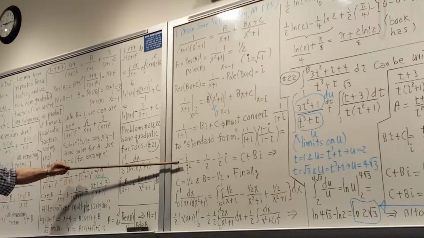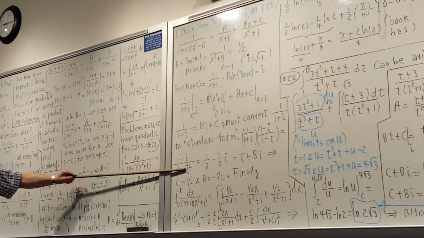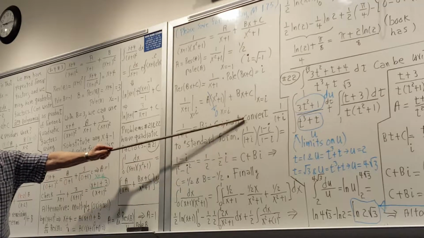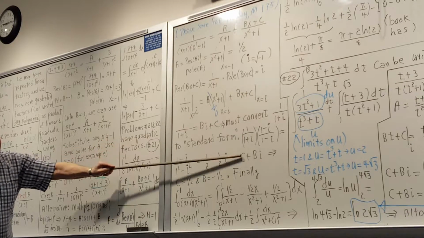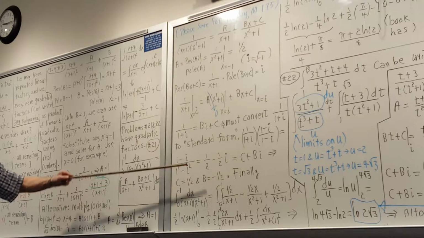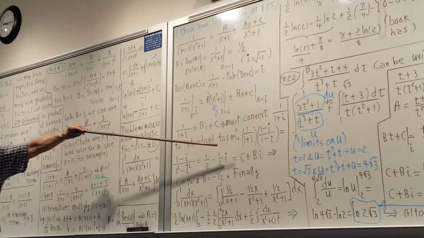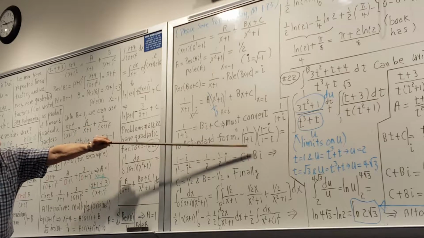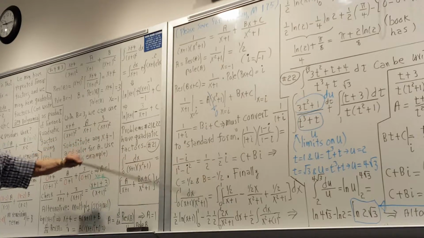So finally, denominator 2, you have a half minus a half i equals the real number C plus the real number B times i. So then you match the real coefficients, so C is a half, and you match the imaginary coefficients.